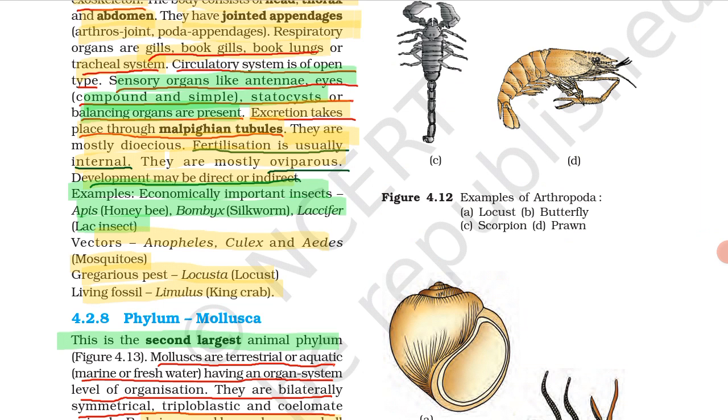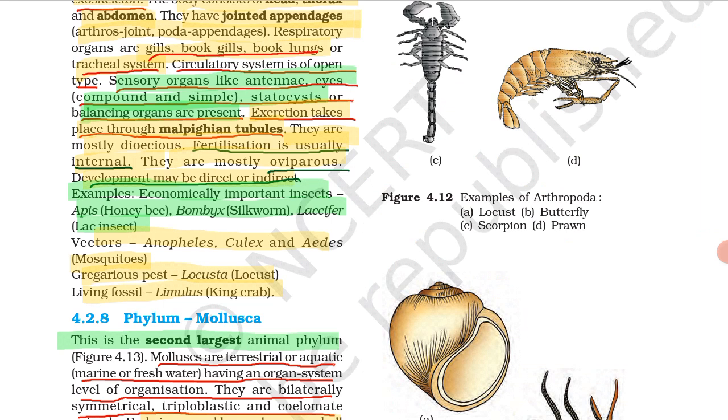So three examples of economically important insects are given: Apis, honeybee; Bombyx, silkworm; Laccifer, lac insect. You have to learn these by heart.